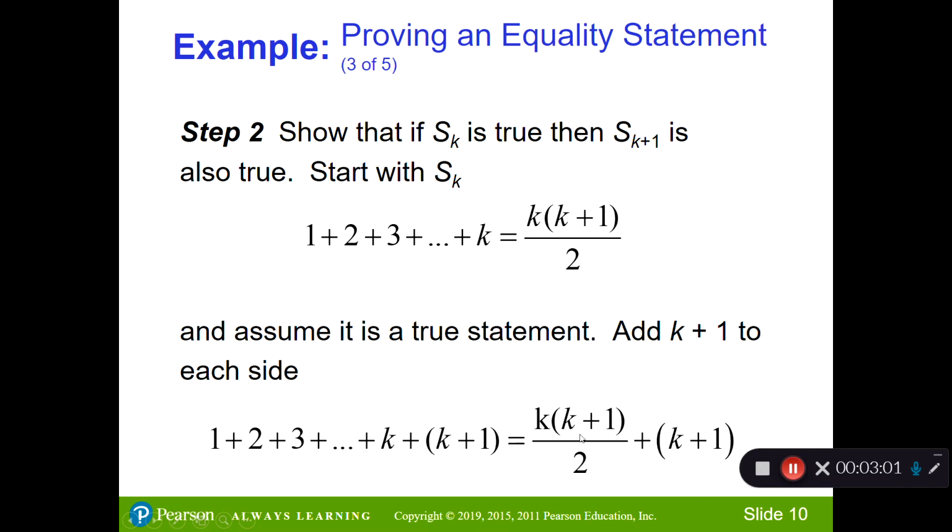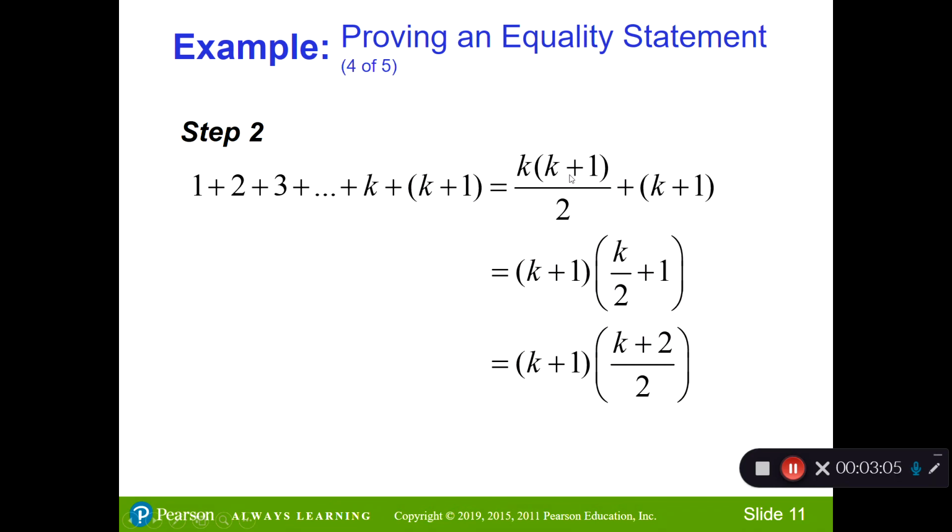Now, when I add it here, I'm going to want to combine like terms by getting a common denominator. In addition to getting a common denominator, I could factor out the k plus 1 that's in common. So if I take k plus 1 out of here, notice that it removes it from this term, and this term would result in a 1.